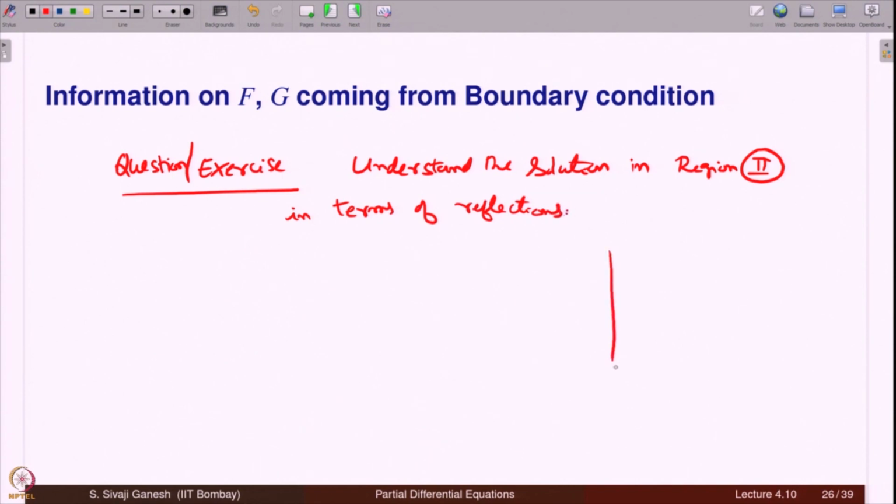Something like this, I will just indicate, but I will not do it. So this is region 2. Take a point here, go like that, that is R. Then if you come here, shift to the other one, that will be the L in terms of this.